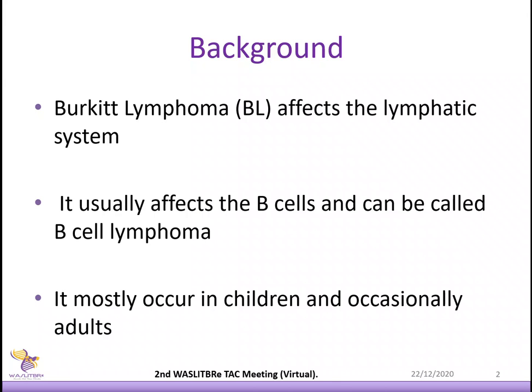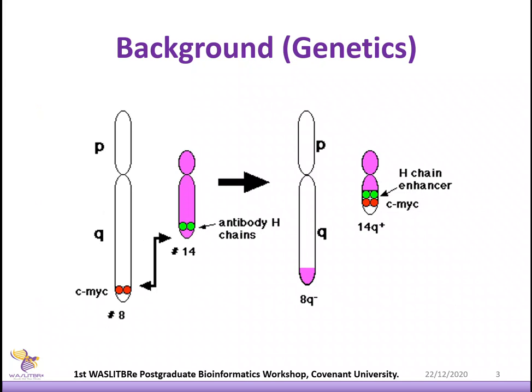It mostly occurs in children and sometimes in adults. And the ratio of boys to girls is about 4:1, which means that the disease is very prevalent in males than in females.